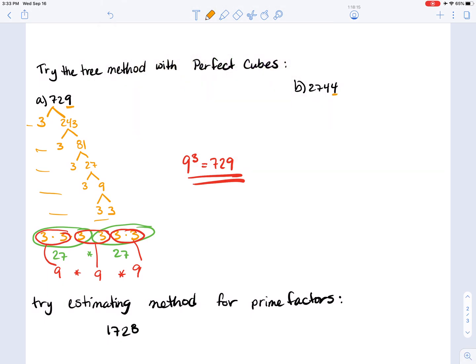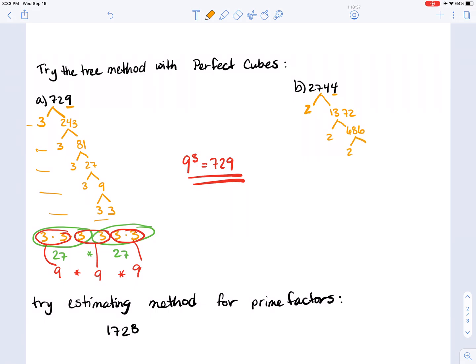Because it ends in 4, I'm going to start with 2 as my first prime number. That gives me 1372. I'm going to break it down again by 2, and that gives me 686.